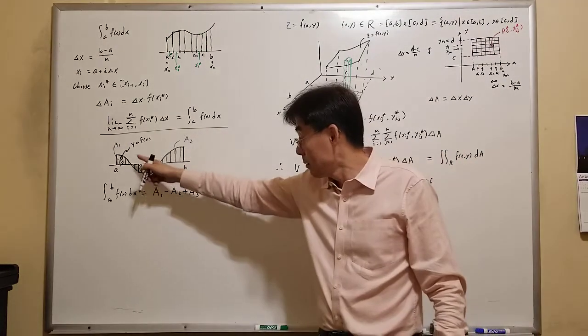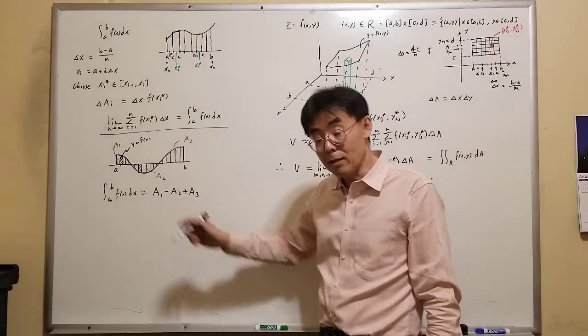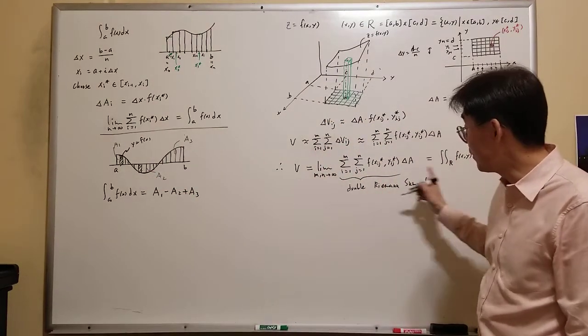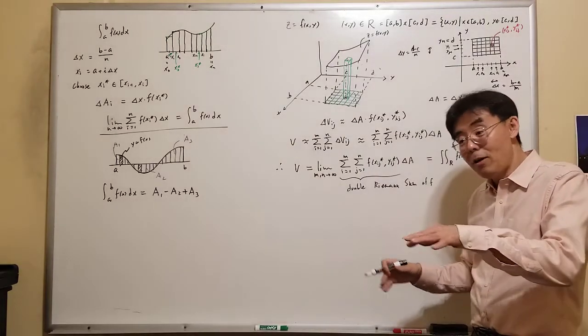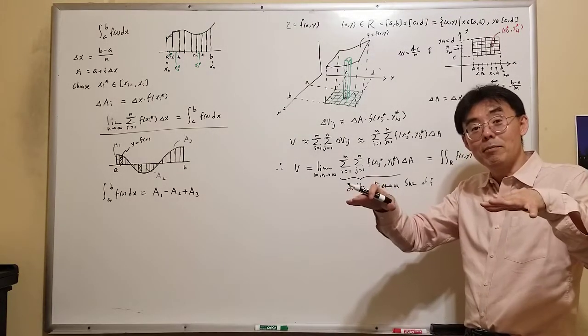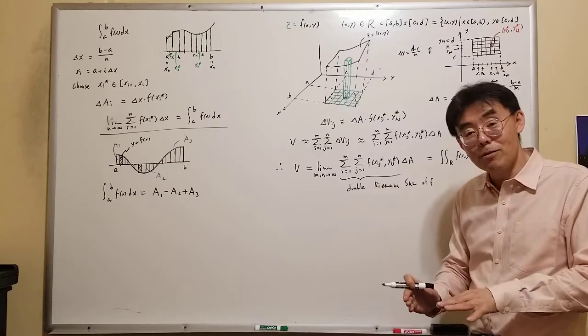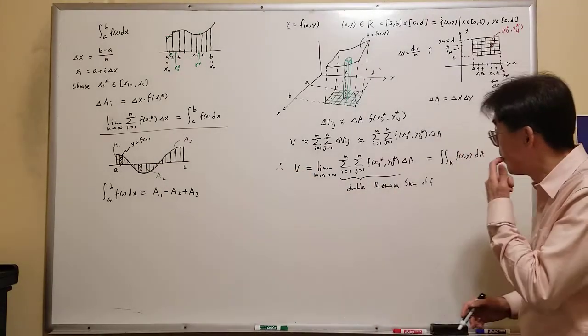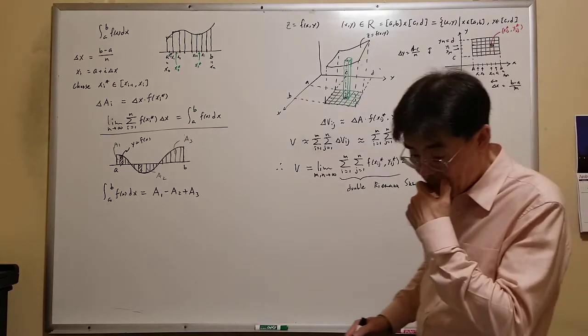Just like sometimes your f of x is negative. Then your definition will be the sum of the volumes of the region above the xy plane minus the sum of the volumes of the region below the xy plane. Just like that. Okay? Alright.